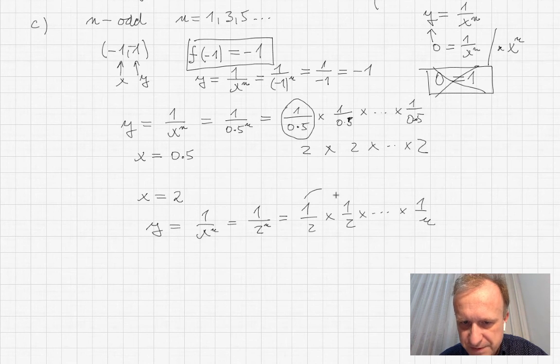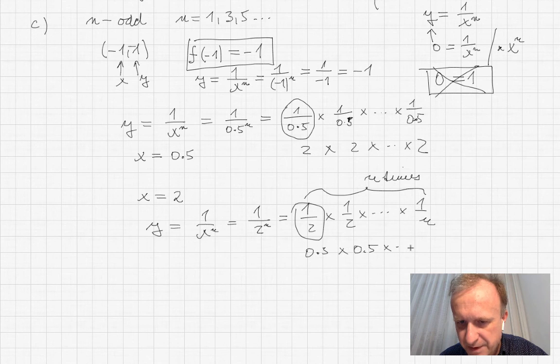All that happens n times, of course. So you see each of those factors has the value of 0.5. So you multiply 0.5 by itself n times.